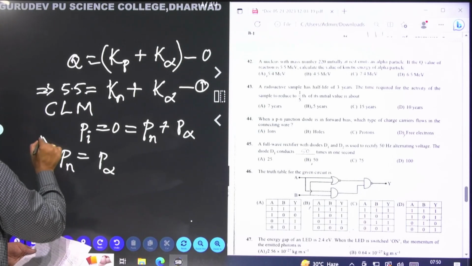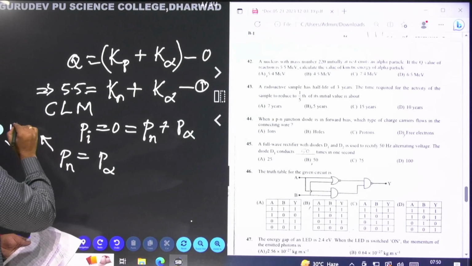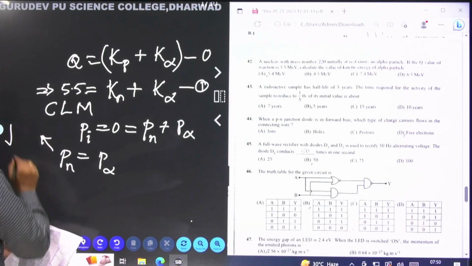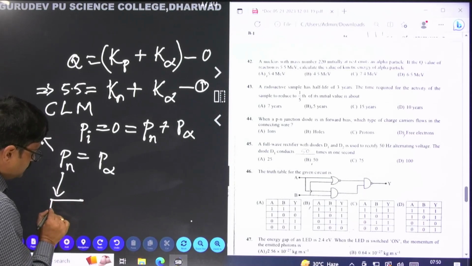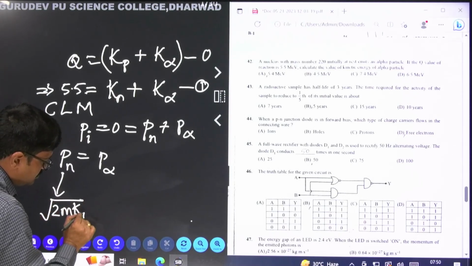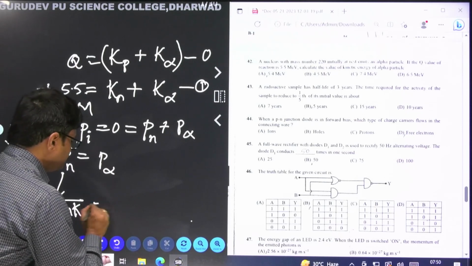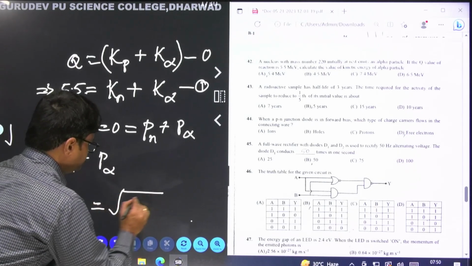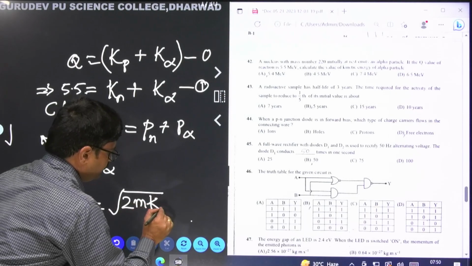Over here I can apply the formula for momentum. What is the formula for momentum in terms of kinetic energy? It is square root of 2mK. With reference to the nucleus, root 2m K n should be equal to square root of 2m K alpha.